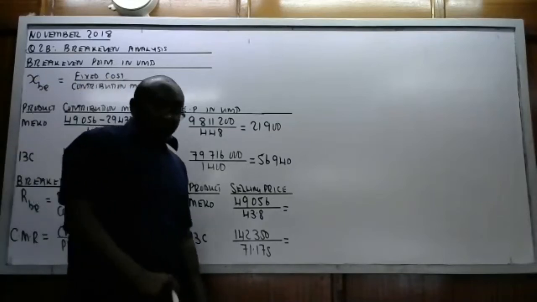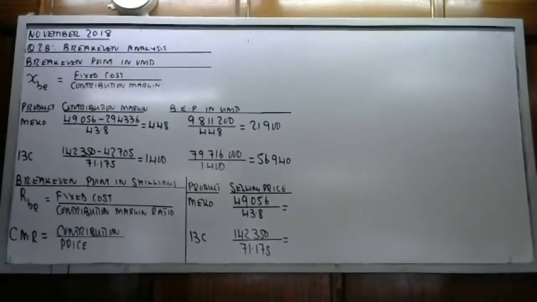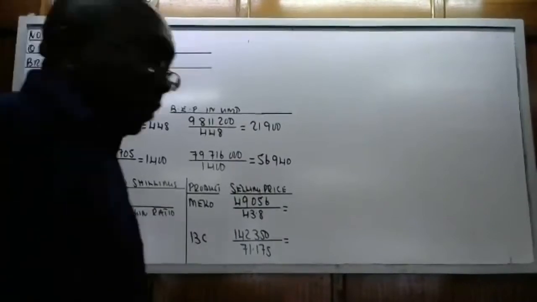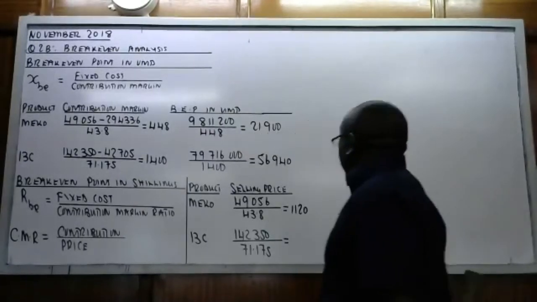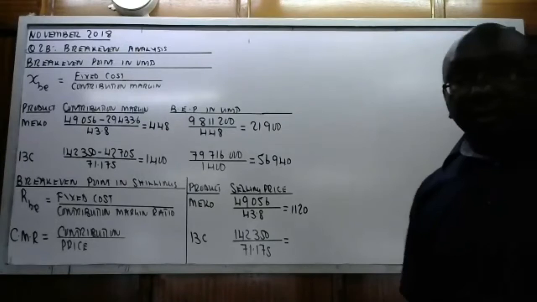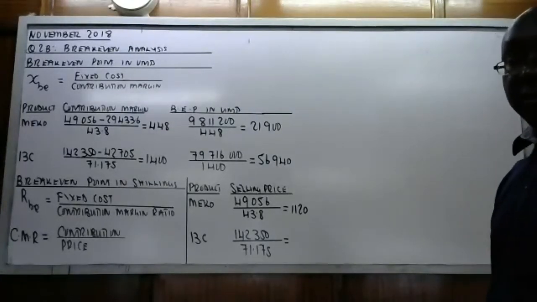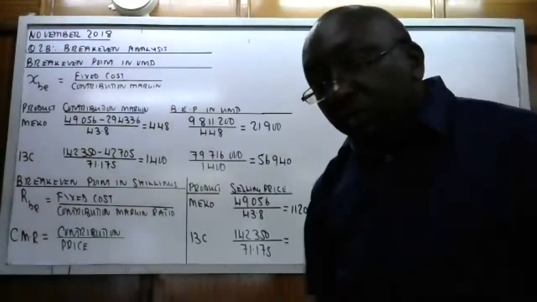Give me the selling price for MECO. 1120. Give me the selling price for 13C. 2,000.